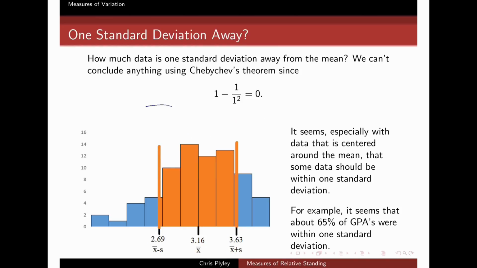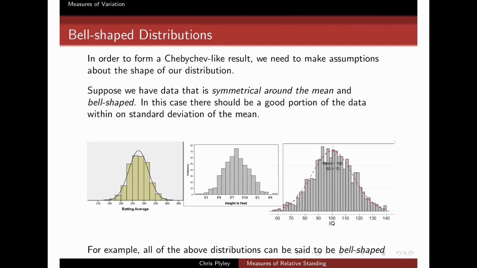So what we can do is actually do a lot better using a different rule other than Chebyshev's theorem, but we need to make an assumption about the way that our data is distributed. That assumption is basically that our data is symmetrical around the mean.